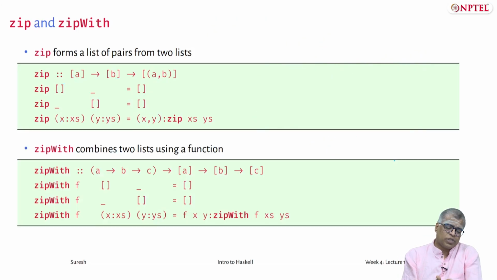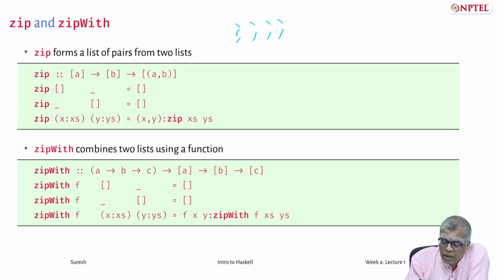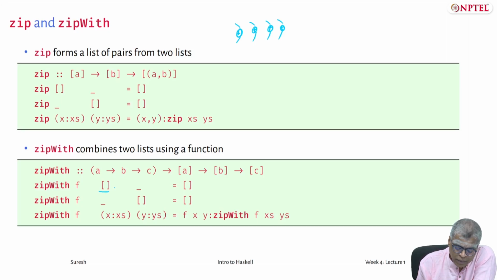Even more useful than zip is zipWith, because zipWith will take two lists like this and it will combine the corresponding elements with some function. So the function is of type A to B to C. The first list is list A, the second list is of type list B, and then what you produce is a list of elements of type C. How do you produce it? zipWith of f, empty list, anything is the empty list. zipWith f of anything, empty list is the empty list.